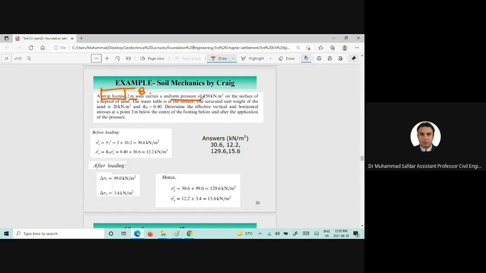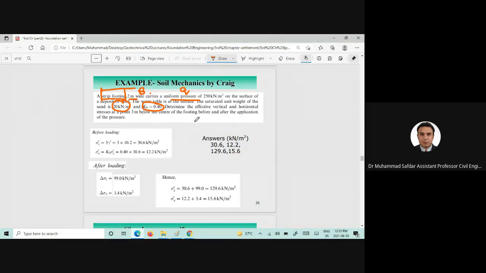The uniform pressure q is 250 kilonewton per square meter on the surface of a deposit of sand. The water table is at the surface, the saturated unit weight of the sand is 20 kilonewton per cubic meter, and K naught, the lateral earth pressure coefficient, is 0.40.